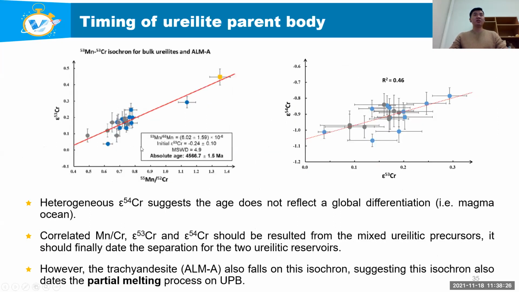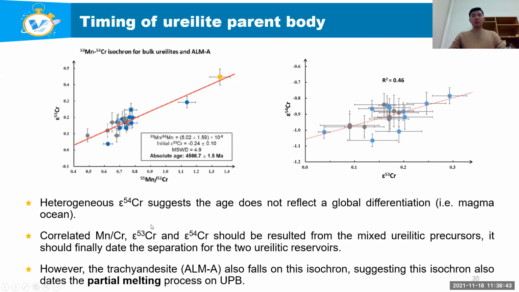And this is the manganese chromium isochron. And we know that the heterogeneous epsilon 54 chromium values suggest the age does not reflect a global differentiation.